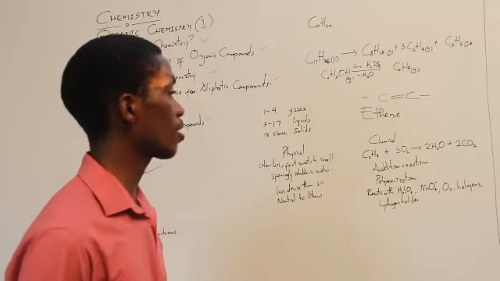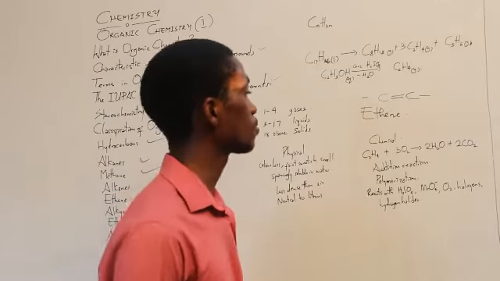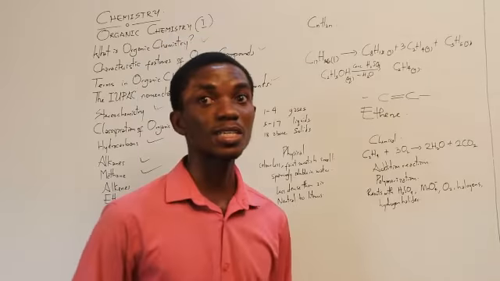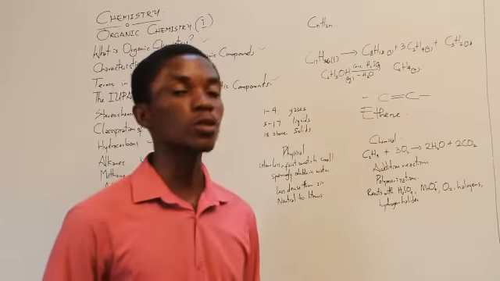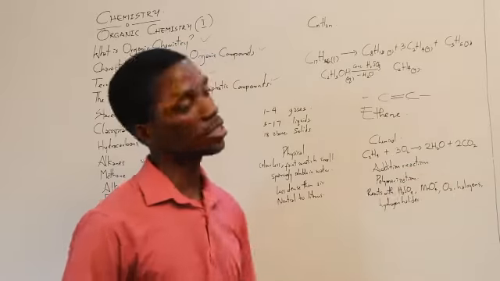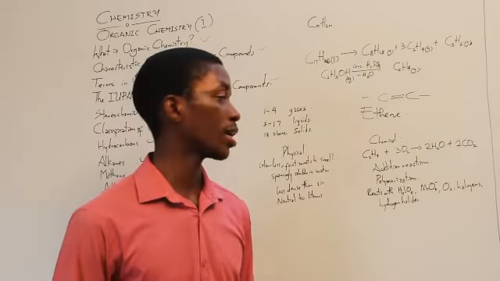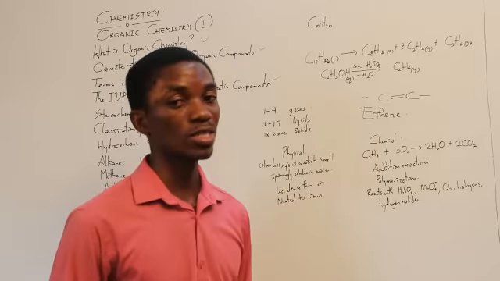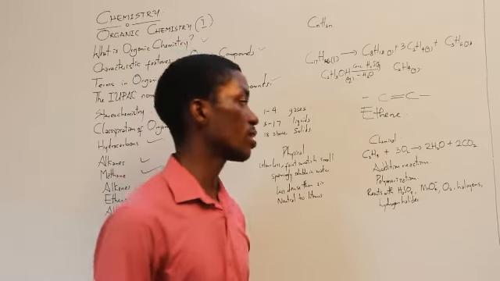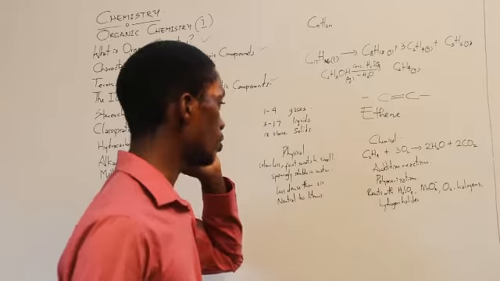Now let's look at the chemical properties. It reacts with oxygen. That is, in the burning process, it combusts and produces water and carbon dioxide. Of course, the water is steam because of the amount of heat involved.